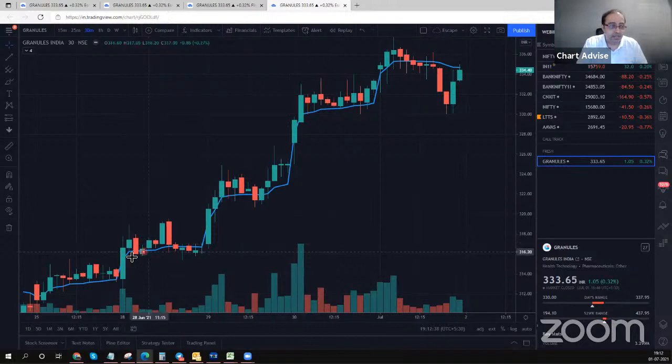So it is similar to a moving average. Normally the mutual funds or HNIs use this: when prices are traveling much higher above the VWAP, they use it to initiate some shorts, and at lower levels they use it as a buy.